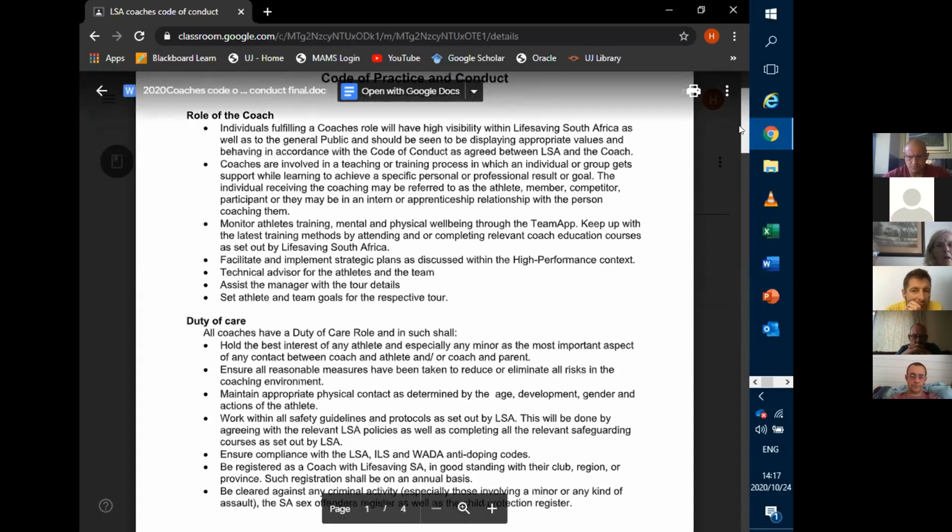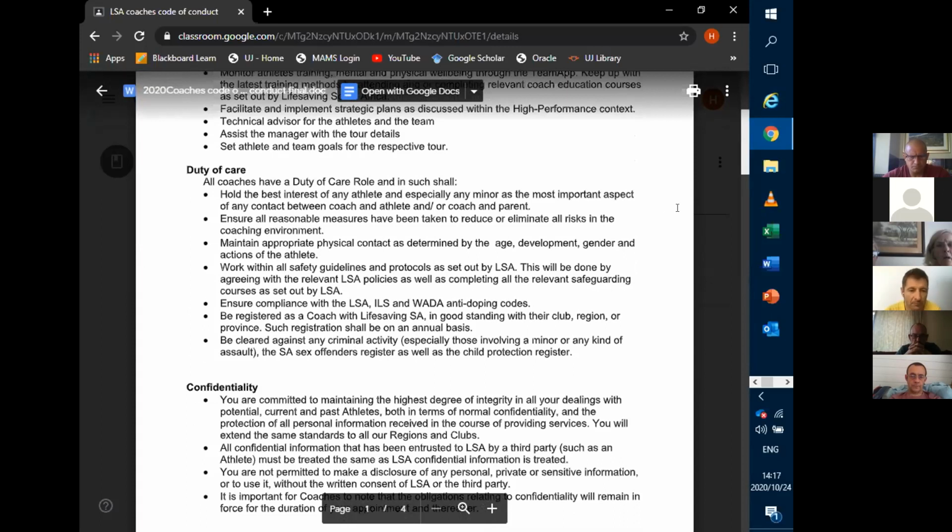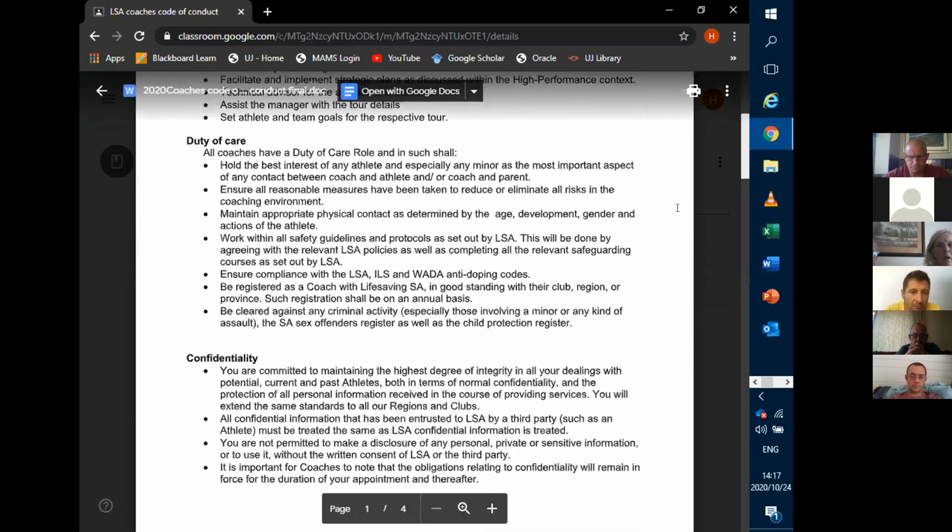Then we go to the duty of care. There are quite a number of points that need to be read. You read it all, but what I definitely put as a main thing is to maintain only such physical contact as is appropriate to age, development, gender, and the actions of the athlete.